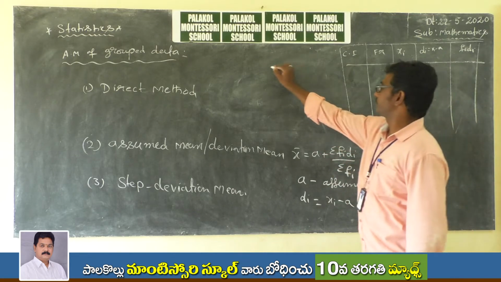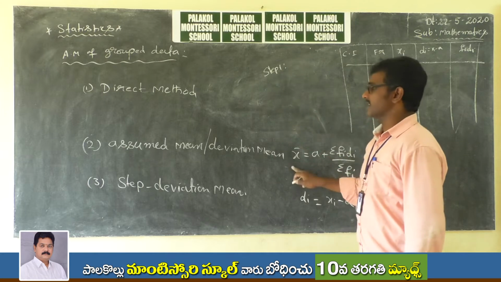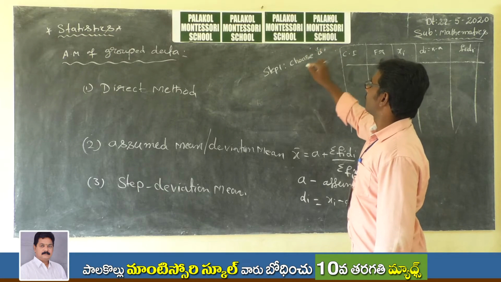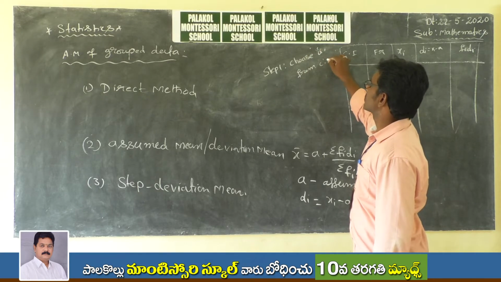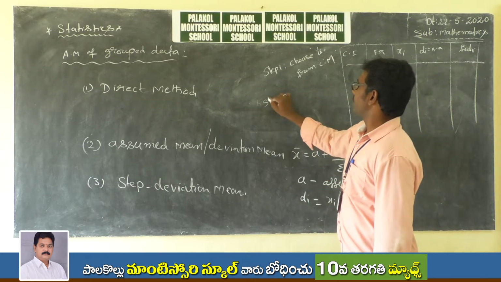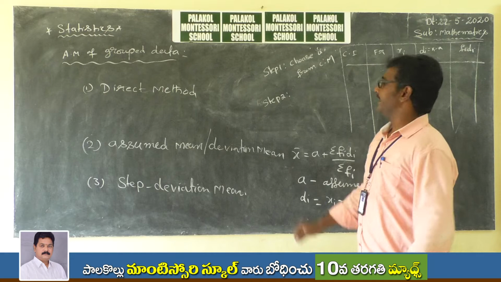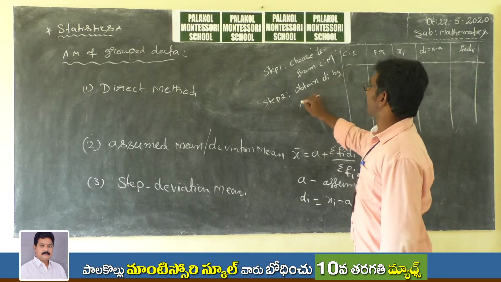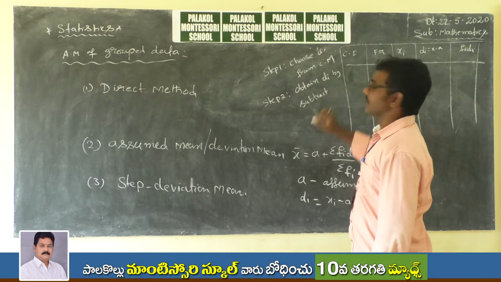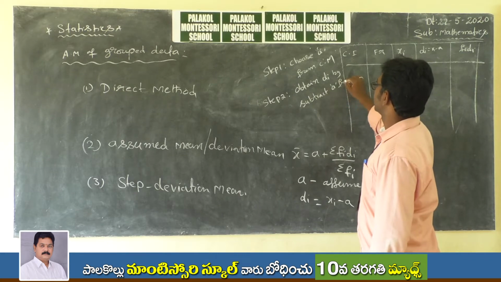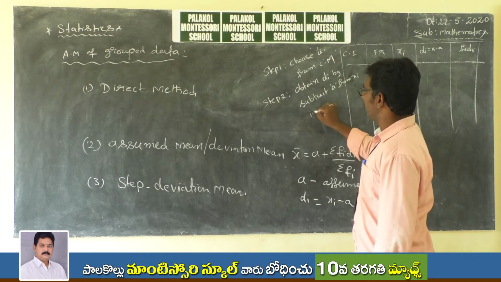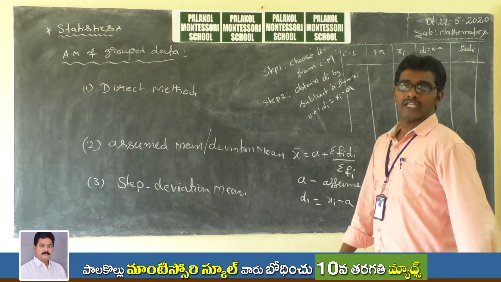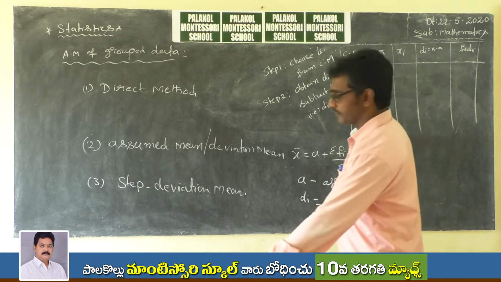So step 1 of the assumed mean method: choose a from the class marks. Step 2: obtain di by subtracting a from xi. That means simply di is equal to xi minus a.